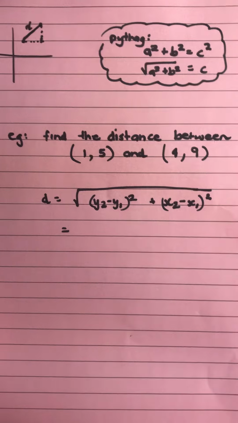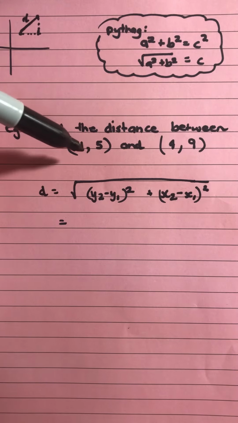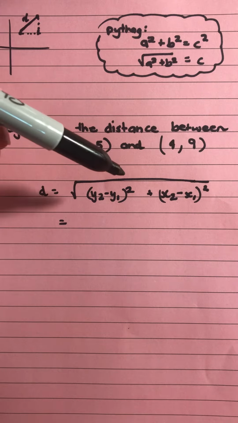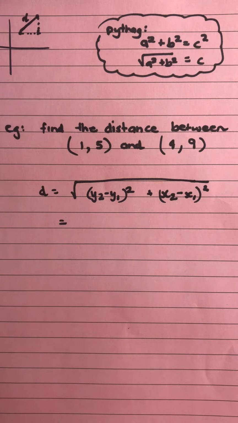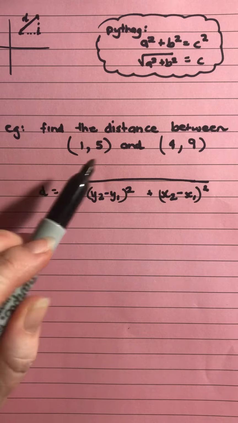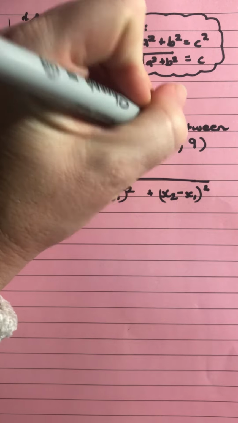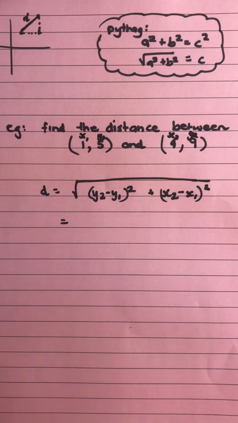In our example, we've got (1, 5) and (4, 9), and we're finding the distance between them. So the first thing we're going to do is look at those coordinates and write our x1, y1, x2, y2 on the top. This is just to help when we substitute into our equation.